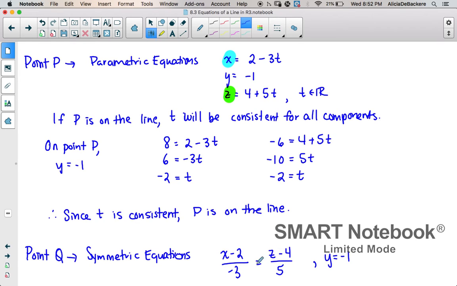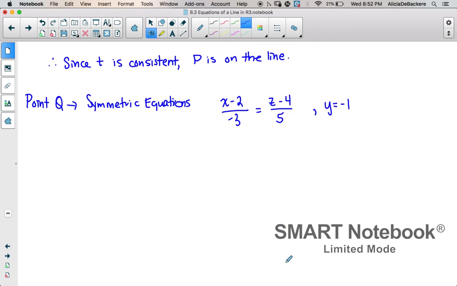And these are going to be equal since they're both equal to t. So I've got my symmetric equations now, and I want to check the point Q. So I'm just going to write it down here again so you can see it on the screen. What I want to know is, is this symmetric equation satisfied?